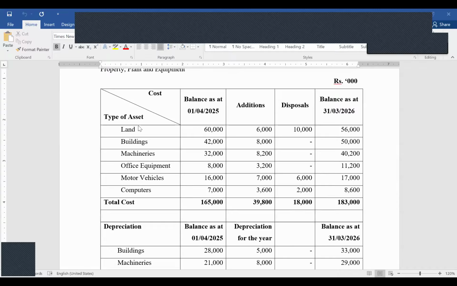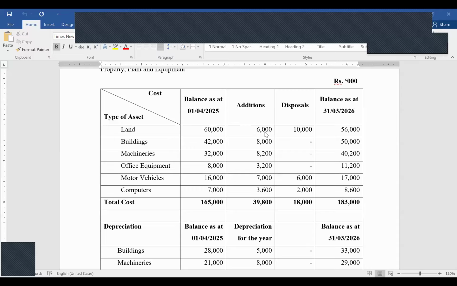It says the capital expenditure incurred on these assets. So we have a balancing amount. That means we are going to calculate for an existing business. This is not a new one. This is an existing business. Therefore we have an opening balance. We have lands. The opening value of that land is 60 million. During the period, this person purchased land.